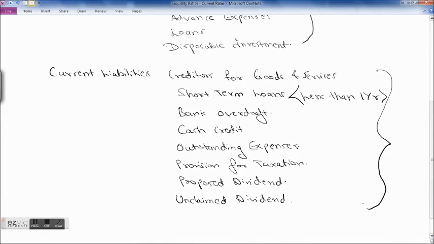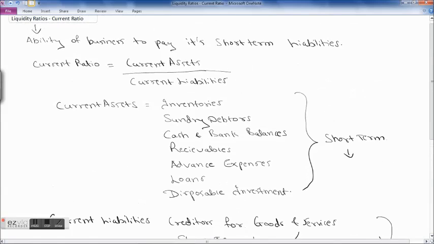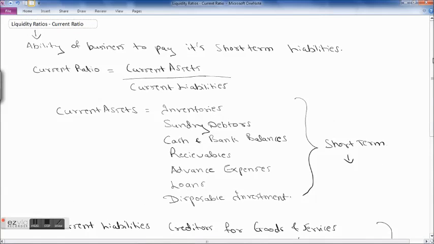Now if you see, all these are short term liabilities, that is liabilities which are to be paid within a period of 1 year, that is less than 1 year. Now if you look at the current ratio, current assets upon current liabilities, what does it show?